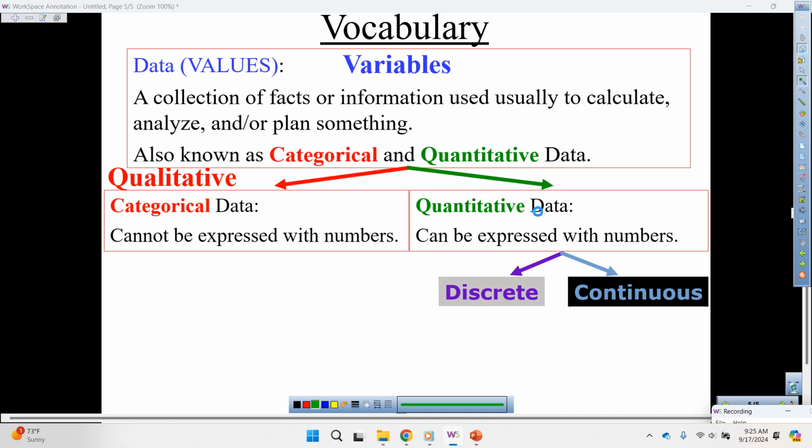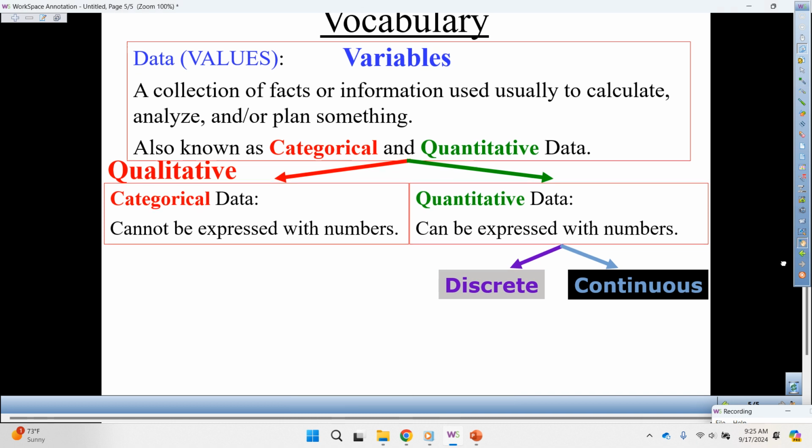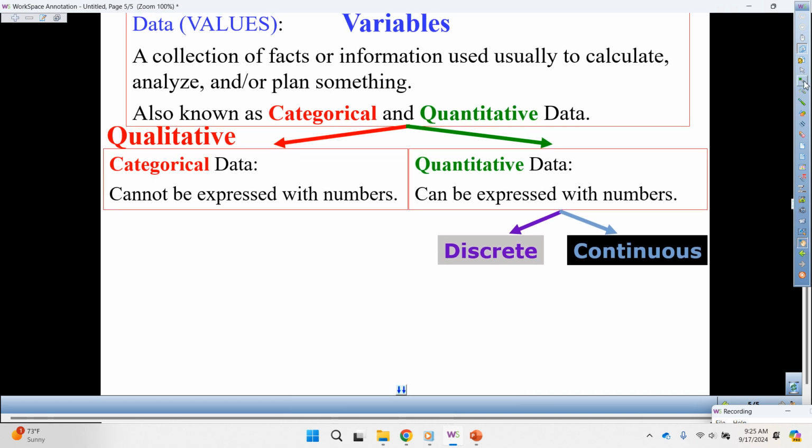Now, since we said that quantitative can be expressed with numbers, with those two different types of numbers, I'm going to write that discrete can be counted, which means it has a beginning and an end.